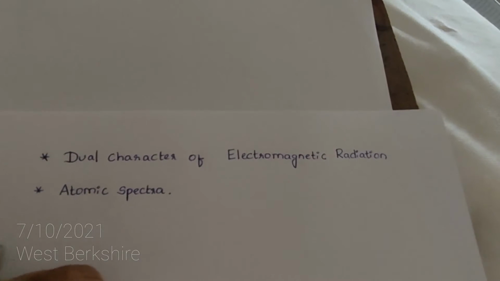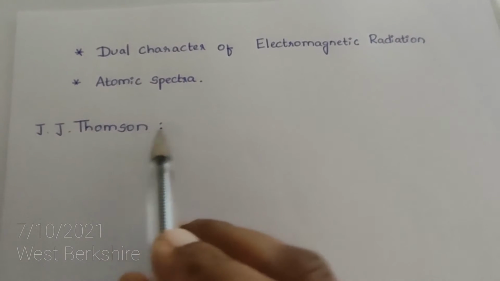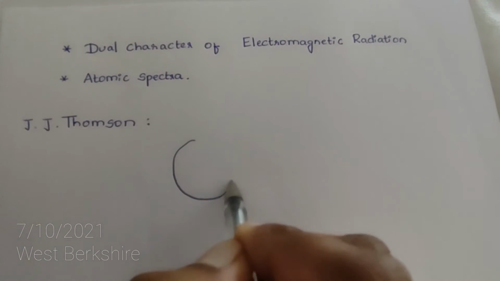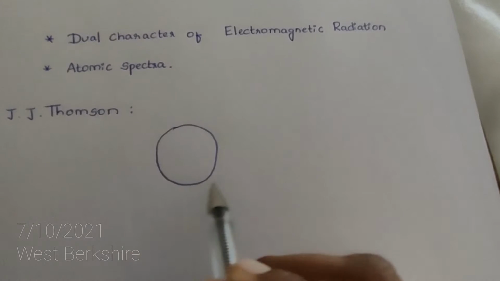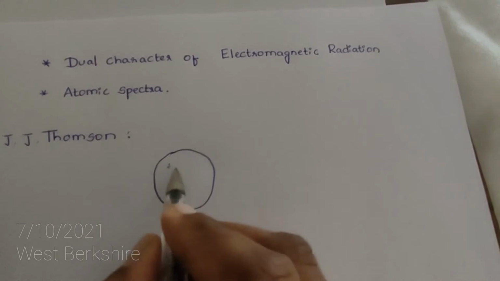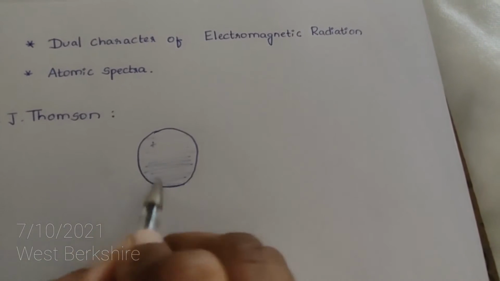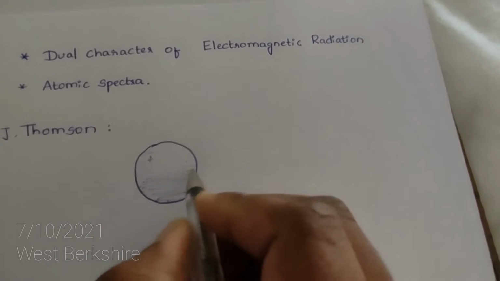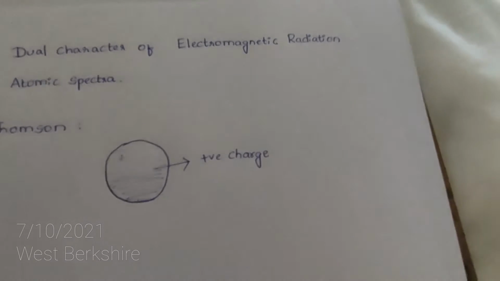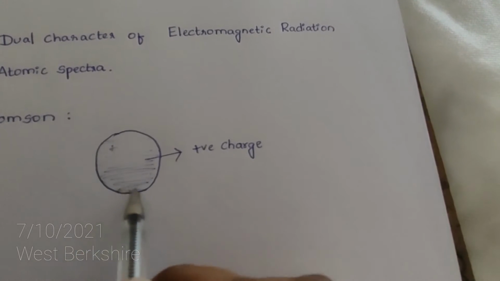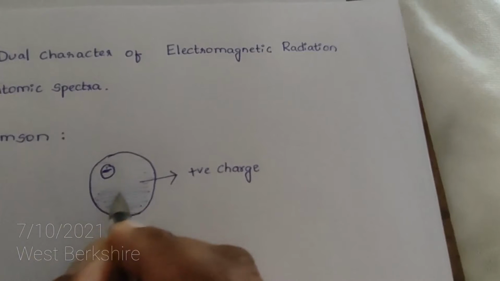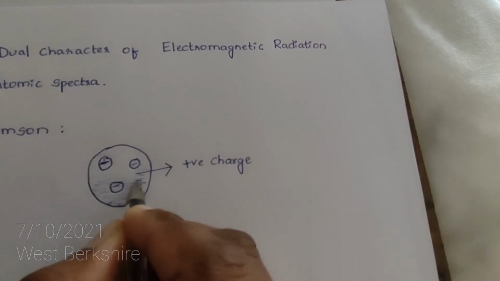So according to Thomson, the atom structure is spherical, and this sphere is filled with a positive charge, that is, the mass of the atom is uniformly distributed within the sphere, and the negative charge, that is, the electrons, are embedded in it.